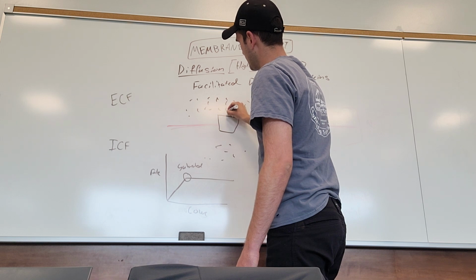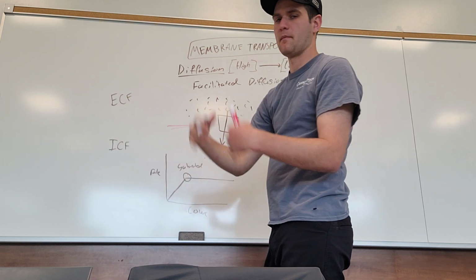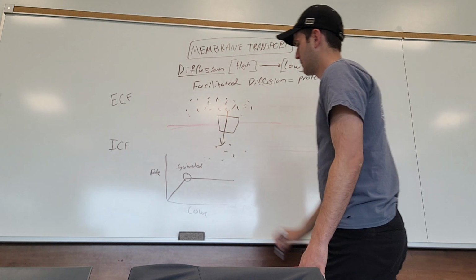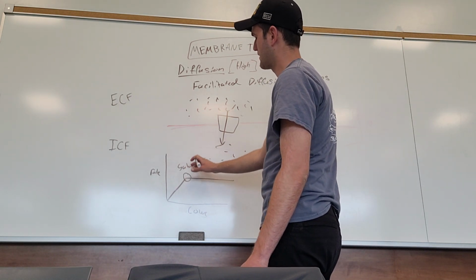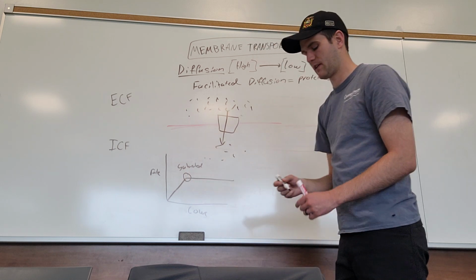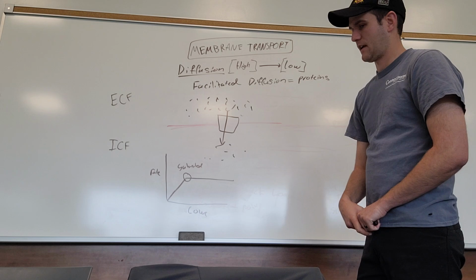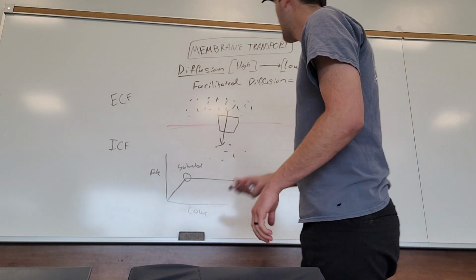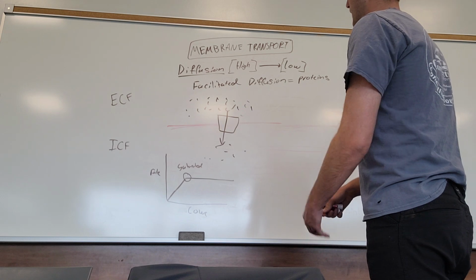So it has to very slowly move them through one by one. So we'd see this plateau where it becomes too saturated and the rate's not going up. We've hit our maximum rate of diffusion there. Okay, I believe that's all we have for diffusion.